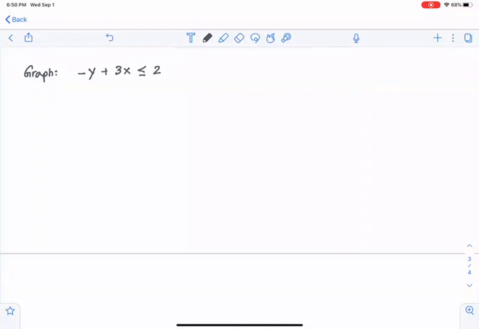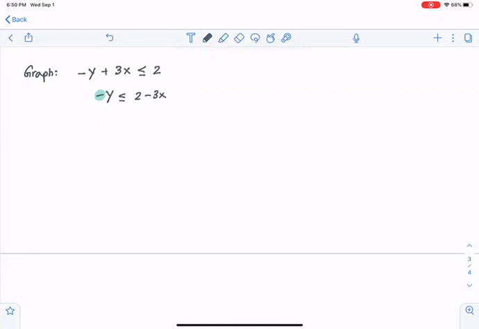So we have to graph minus y plus 3x less than or equal to 2. So move all the x's and the numbers to one side, that is the key. So minus y is less than or equal to 2. Positive 3x moves to the other side, becomes negative 3x. But you should notice that there is that negative sign. We have to get rid of that negative sign.